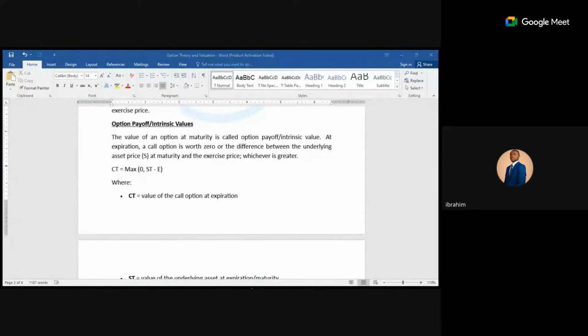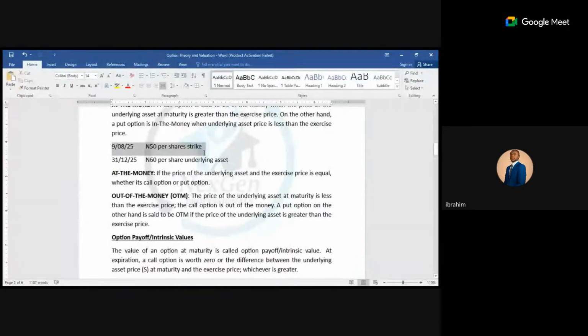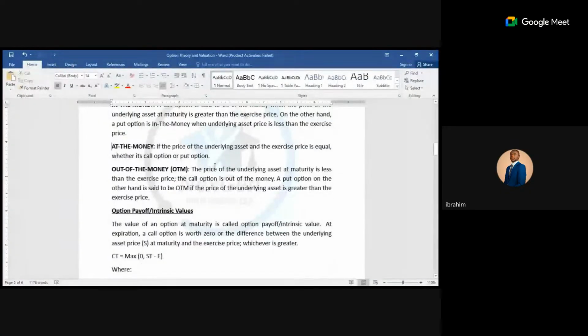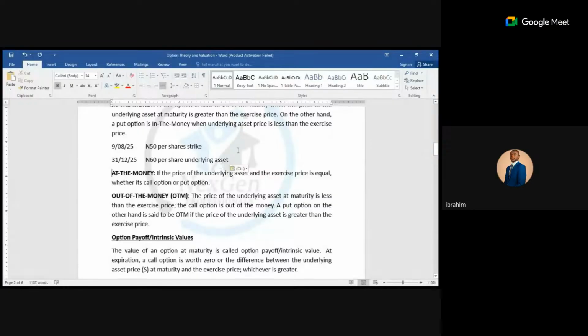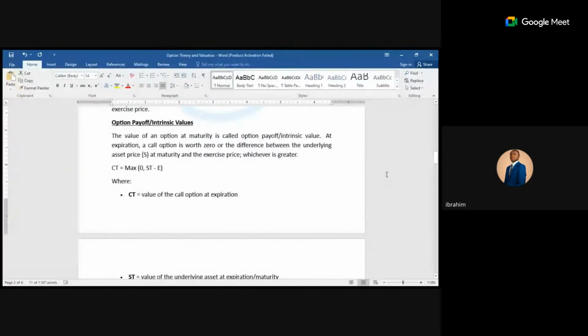Class, the value of an option at maturity or at expiration is called what? Option payoff. It is called option payoff or intrinsic value. The question is, what does that mean?